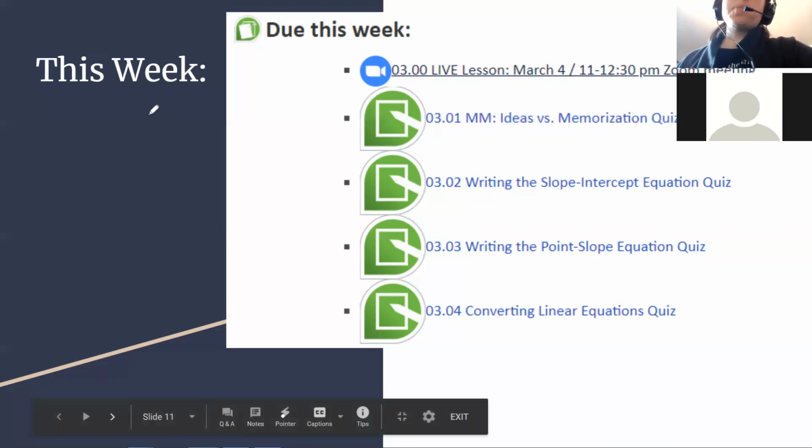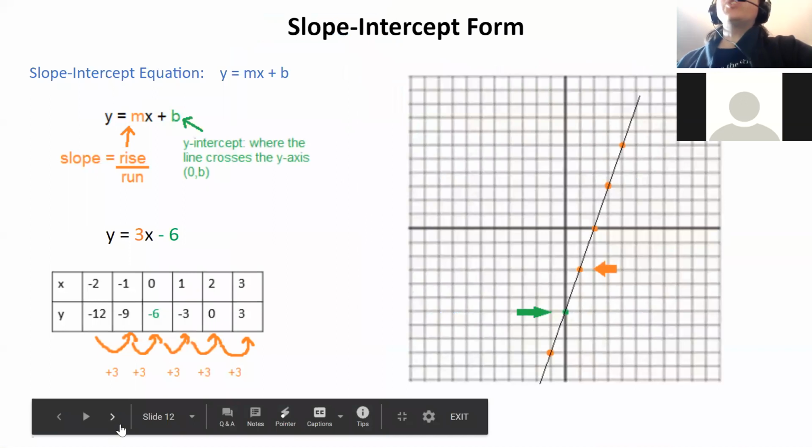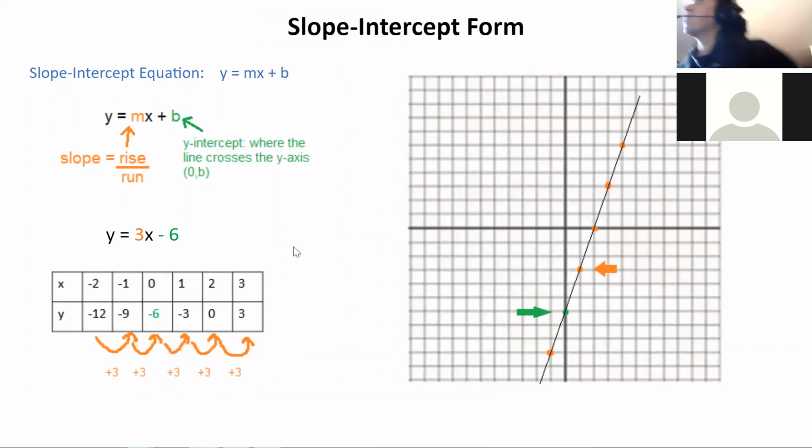Okay, so you guys already know this stuff. This is slope-intercept form, right? If I were you, I would write stuff in your notes just so you have the different labels because your job is to know the difference between slope-intercept form, point slope form, and then standard form, okay?